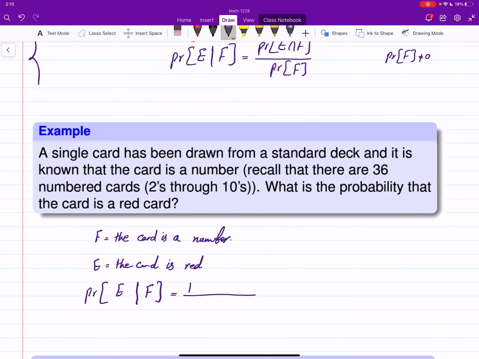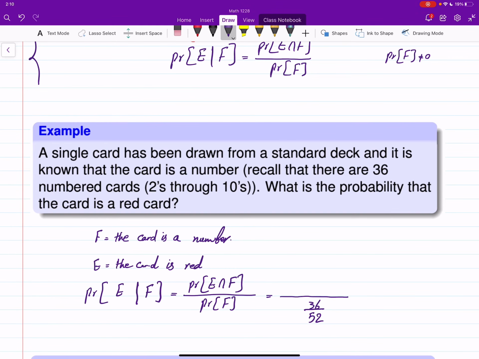So this means that we have to find the probability of E intersect F divided by the probability of just F itself. But for the probability of F, having a number card, there are 36 number cards out of 52 in total.